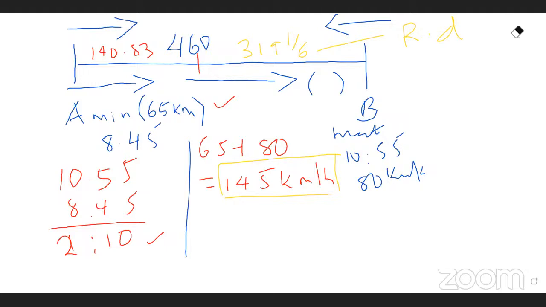We have a relative speed of 145 kilometers per hour and a relative distance of 319 and 1 over 6. So what we can get from that is the time taken. Now, how do we get time taken? Distance over speed. So what will be our time taken?